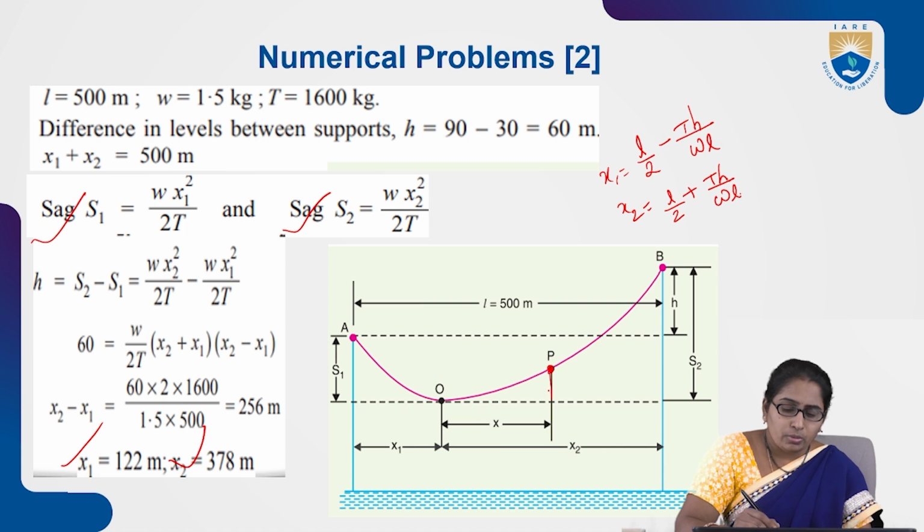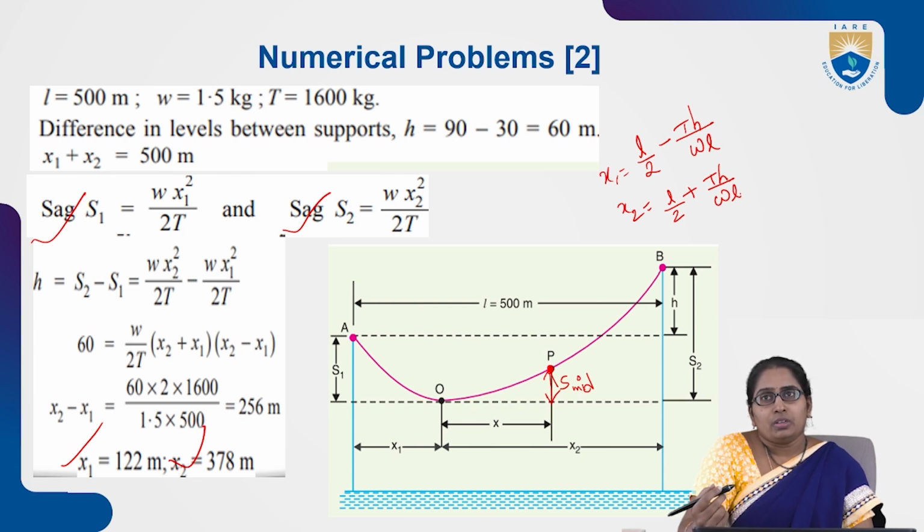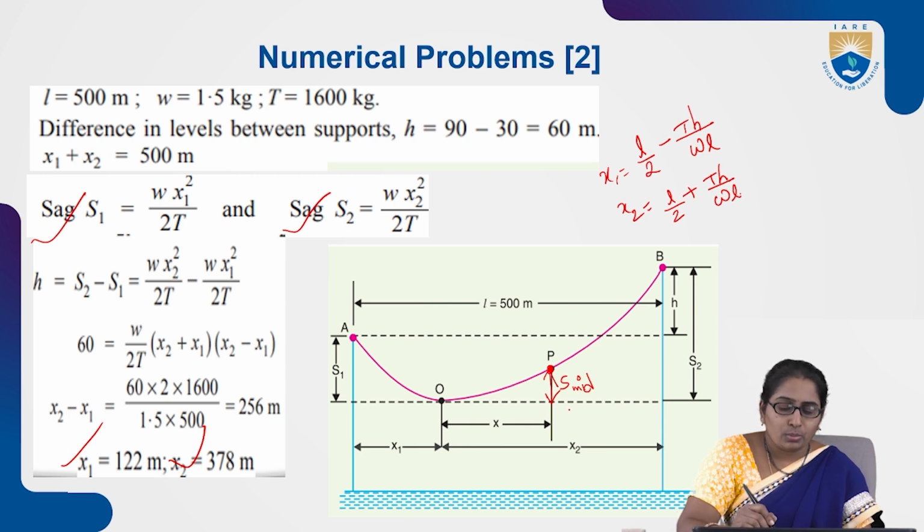We already know the clearance value from the lowest point of the conductor, so add that value to this S mid value.